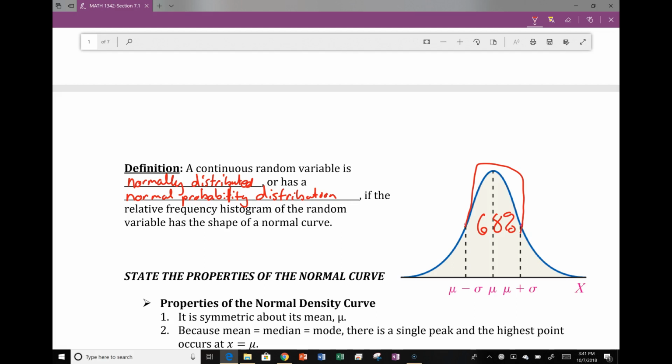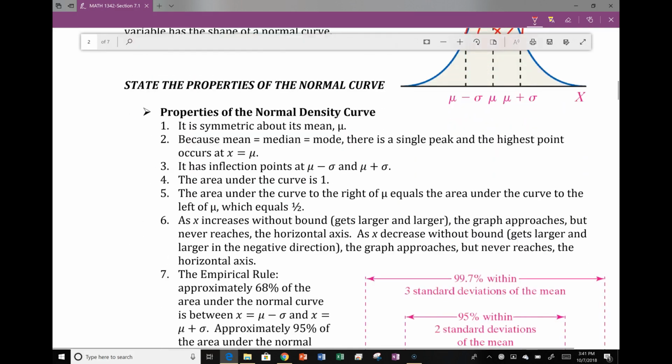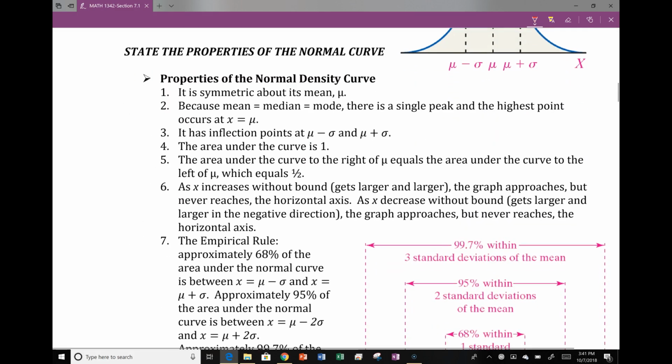So let's look at the properties of a normal curve. First of all, it is symmetric about its mean. The mean is in the center, and I can fold it over upon itself. Secondly, the mean, the median, and the mode are a single point. It's the highest. Remember when we were talking about mean and median, and we said if the mean was greater than the median, it was going to be skewed right.